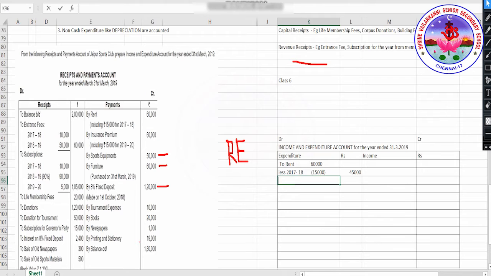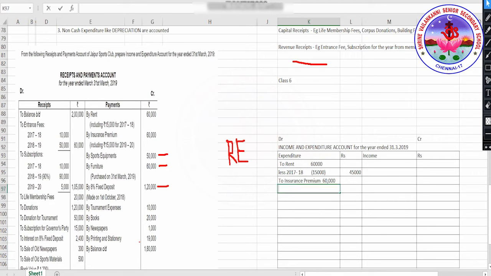The next thing that we are going to look into is insurance premium. I want you to simultaneously write. So to insurance premium, this is 60,000.